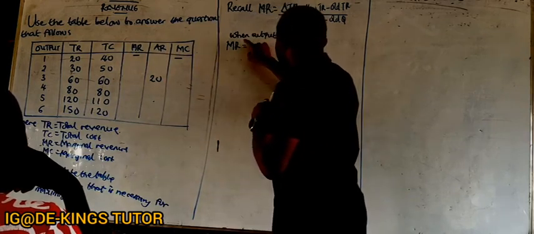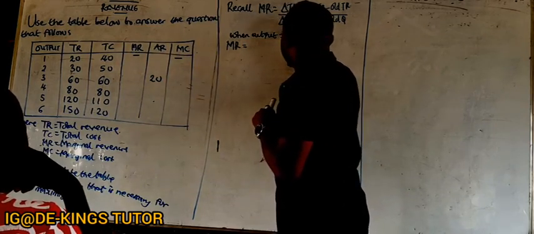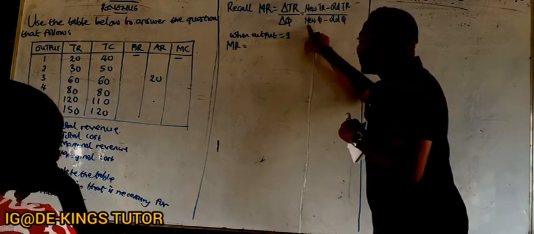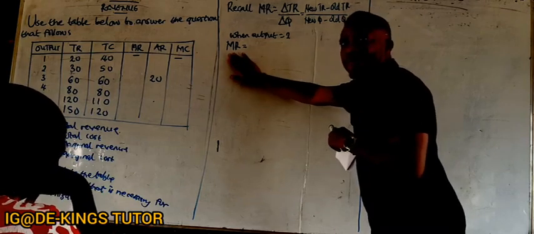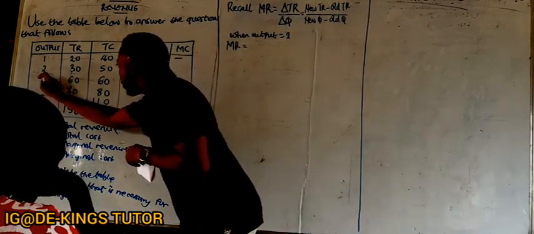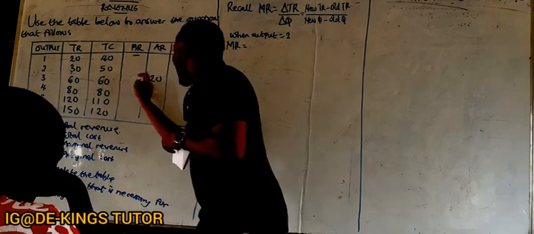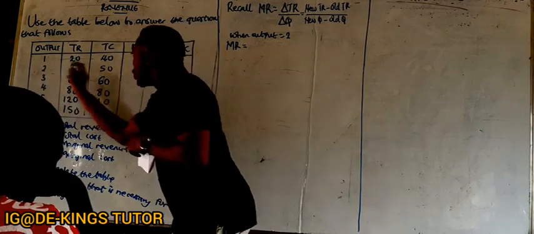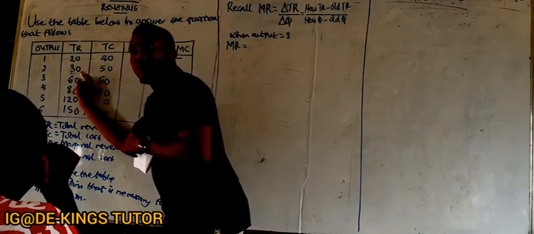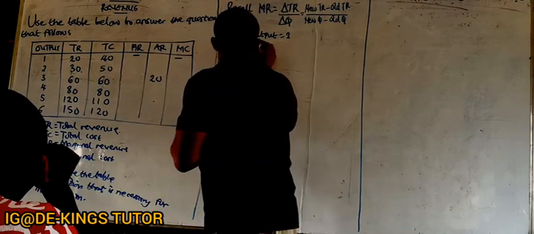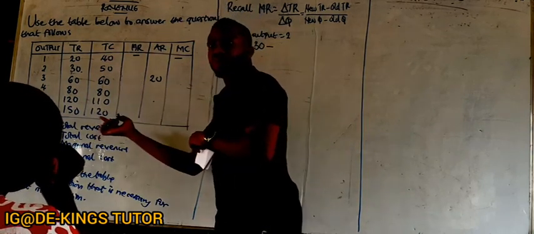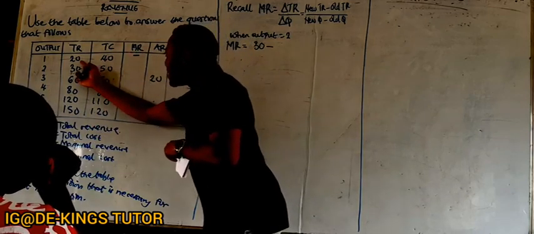For instance, we're solving when output is 2. We want to get the new total revenue and the old, the new quantity and the old, in order to get this. So when output is 2, I'll take cognizance of every value in the row of 2. The new total revenue is the current one, so we have 30 minus the old, the previous, which is 20.